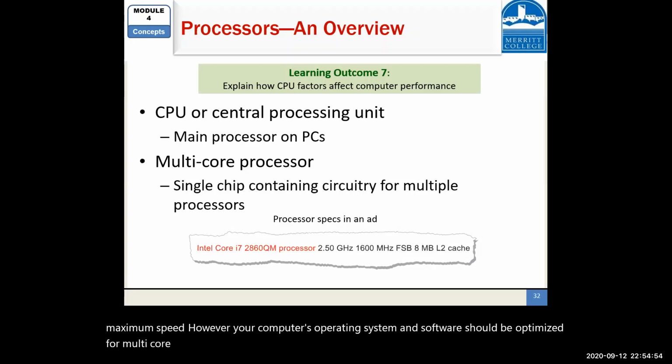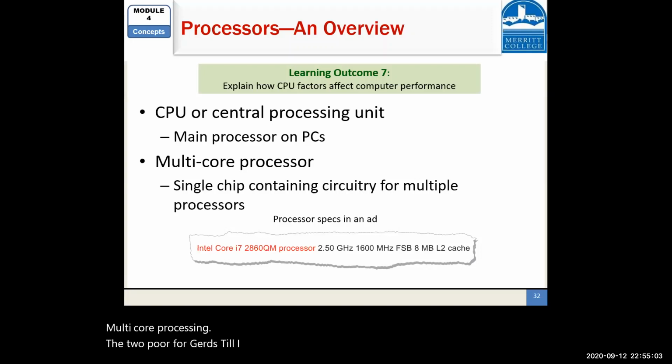Most operating systems support multi-core processing. The 2.4 GHz i5 processor has 2 cores, giving it the equivalent of 4.8 GHz performance.